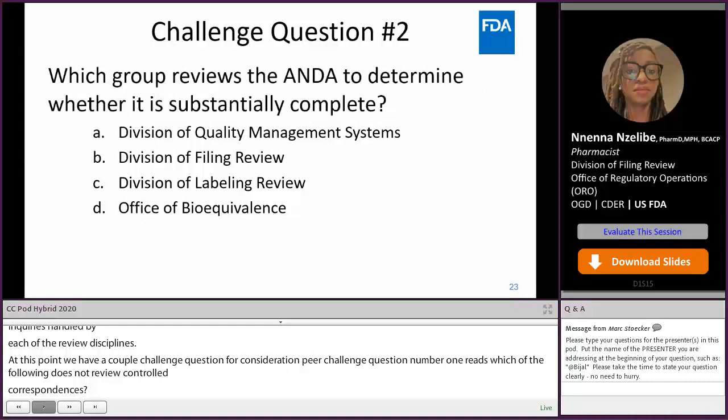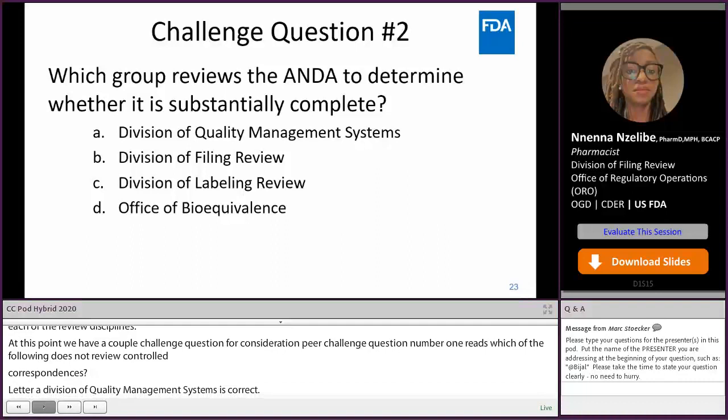So challenge question number 2 reads, which group reviews the ANDA to determine whether it is substantially complete? If you picked B, Division of Filing Review, you are correct.